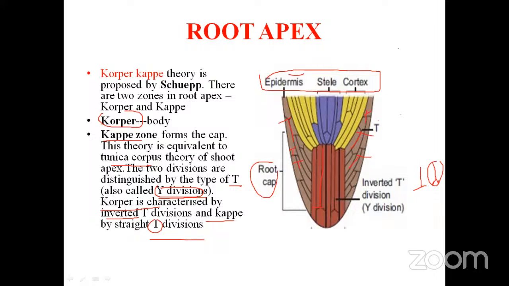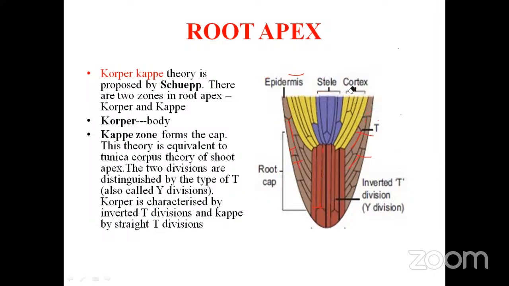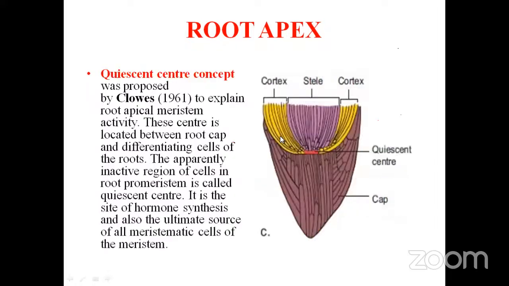Concept of quiescent center. A British scientist, Clowes, proposed this theory to explain the root apical meristem activity.